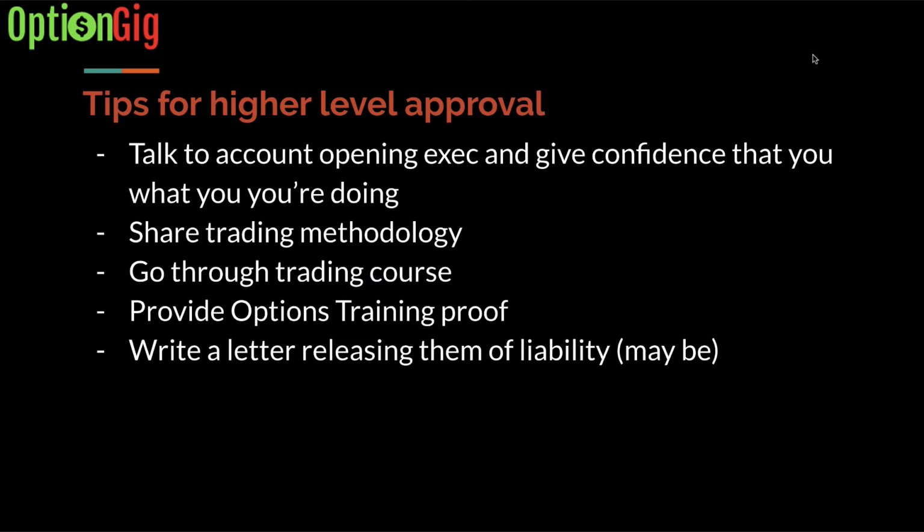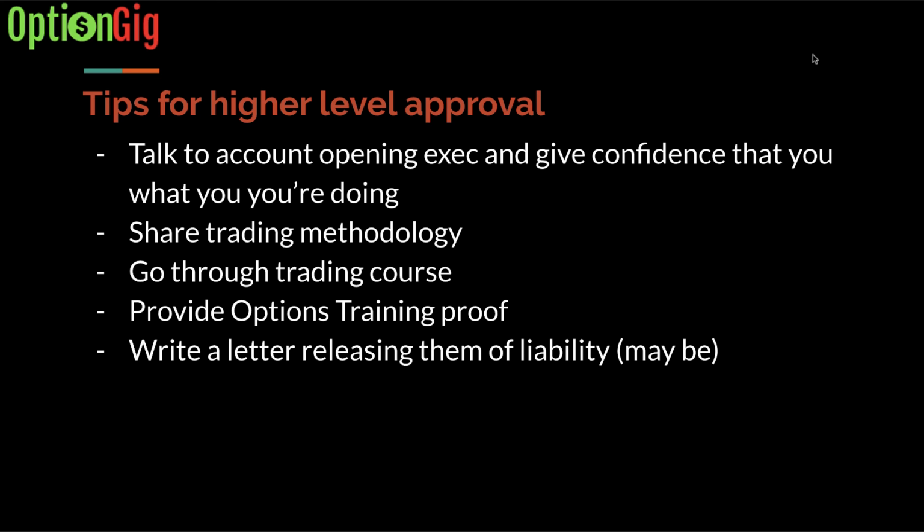Now, what are some of the tips or suggestions to get a higher level approval? First, when you're filling the form, just call up the 1-800 number of your brokerage firm and ask to talk to an account opening executive.